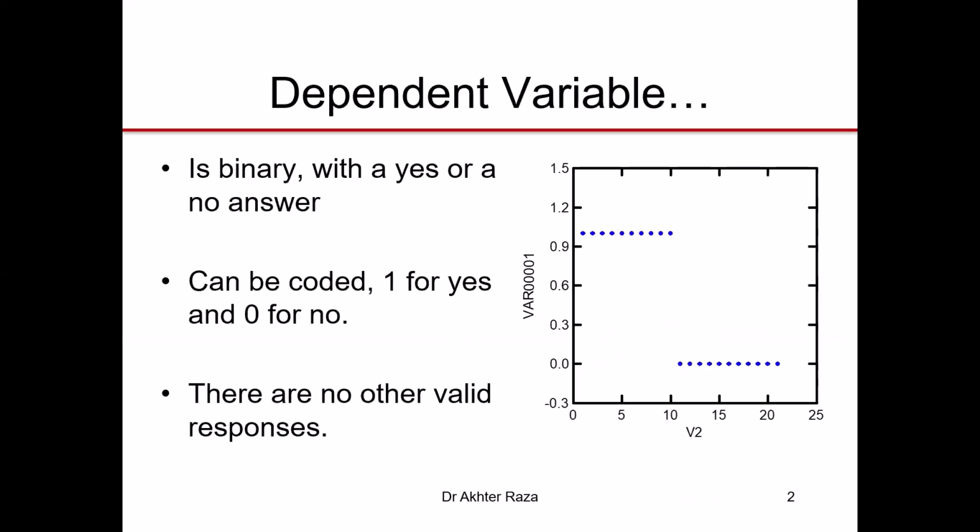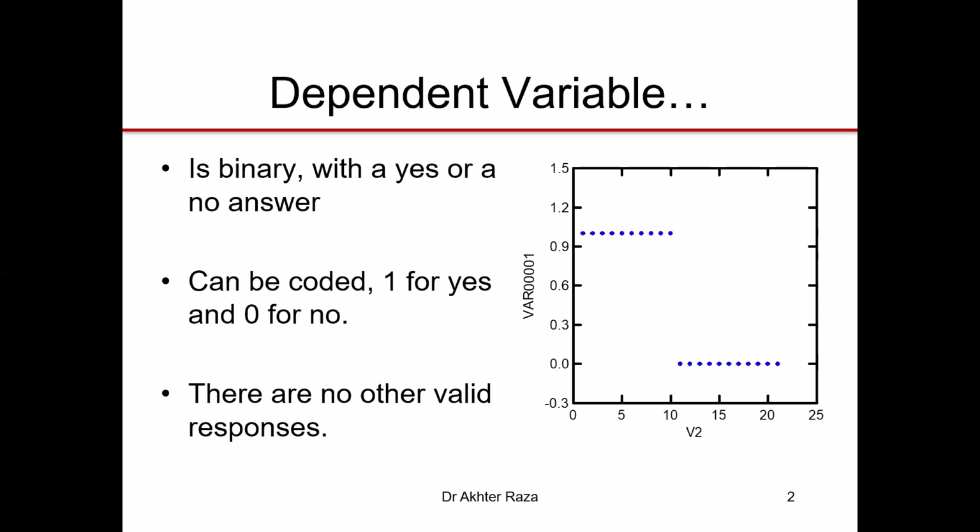So your dependent variable is a binary variable, which has only two possible values, either yes or no, or 1 or 0. If you have this type of variable, we can predict its value by using logistic regression.